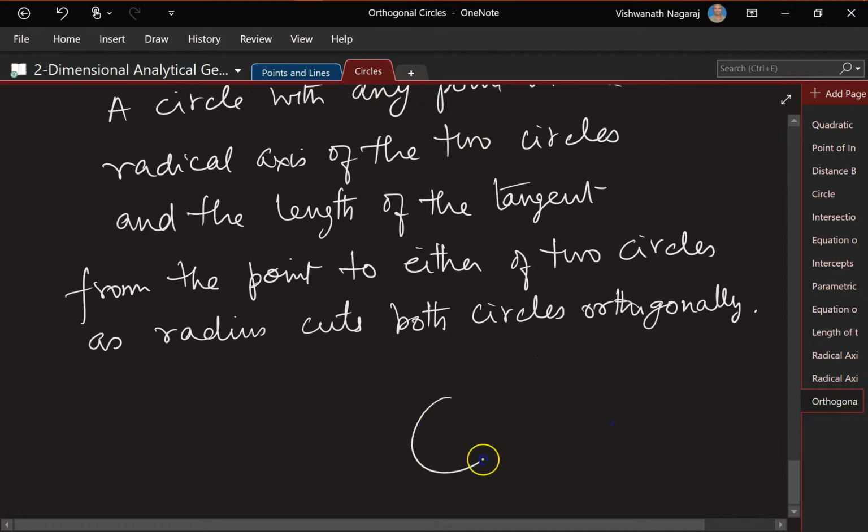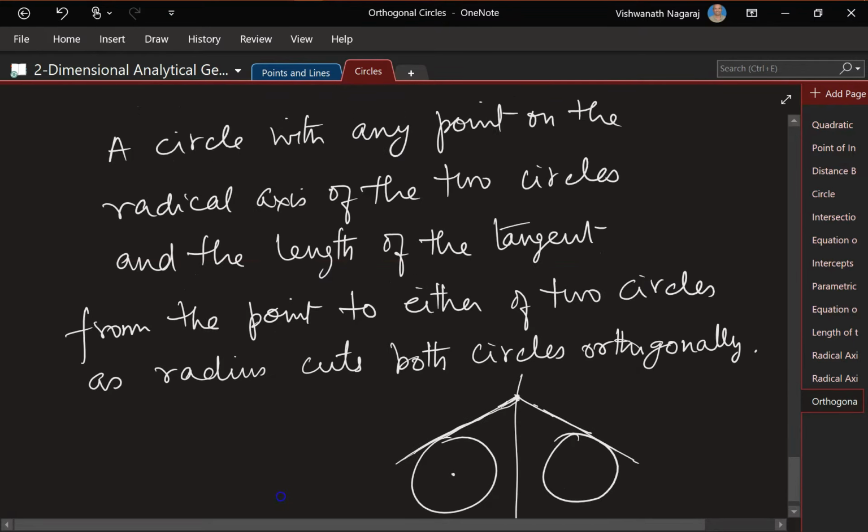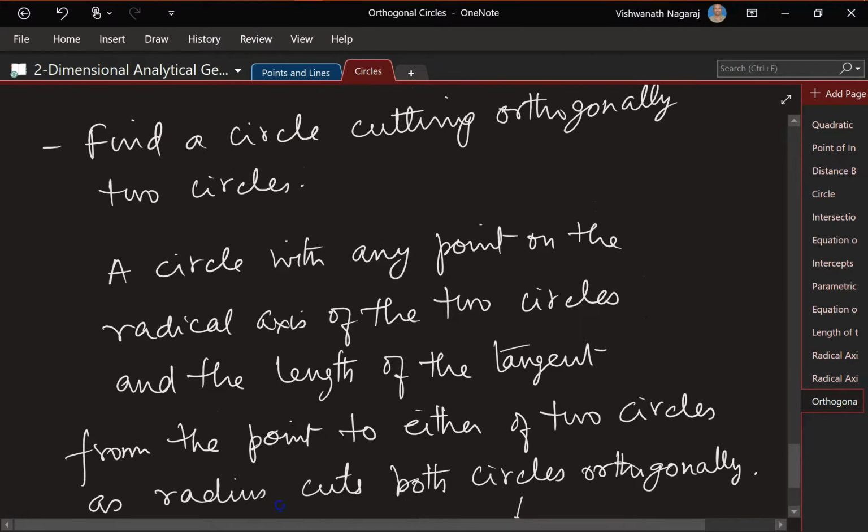Basically this is a circle and this is a circle and this is the radical axis. Take a point on this and let's say this is the tangent and this is the tangent. Treat this as the center and the length of the tangent as the radius, and draw the circle.